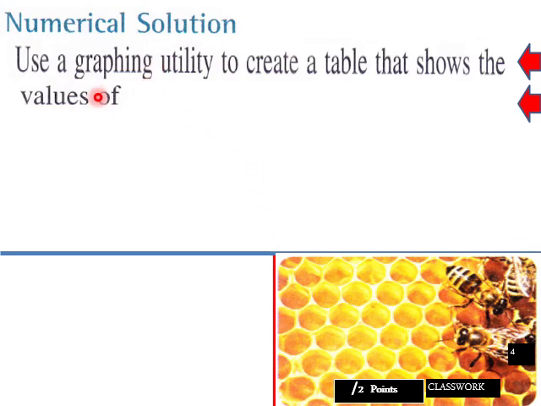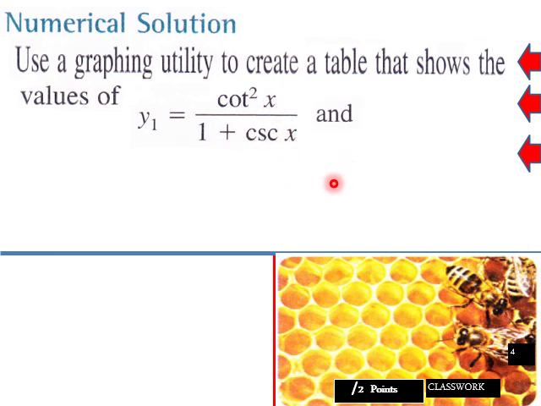Another is a numerical solution, using a graphing utility to create a table that shows the values of y1, which equals cotangent squared x over 1 plus cosecant x, and y2, which is 1 minus sine x over sine x.